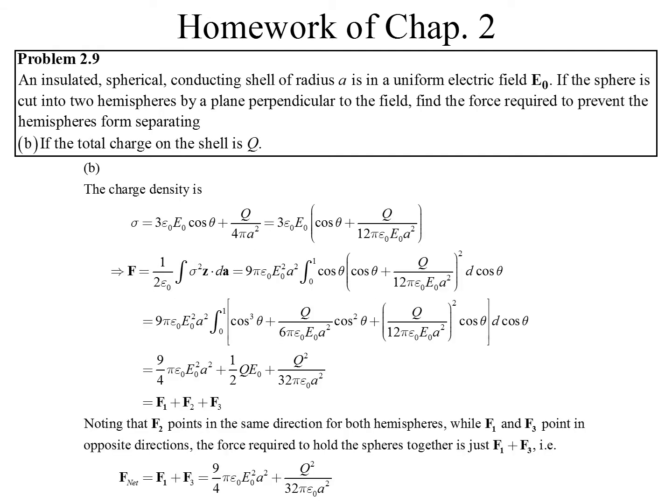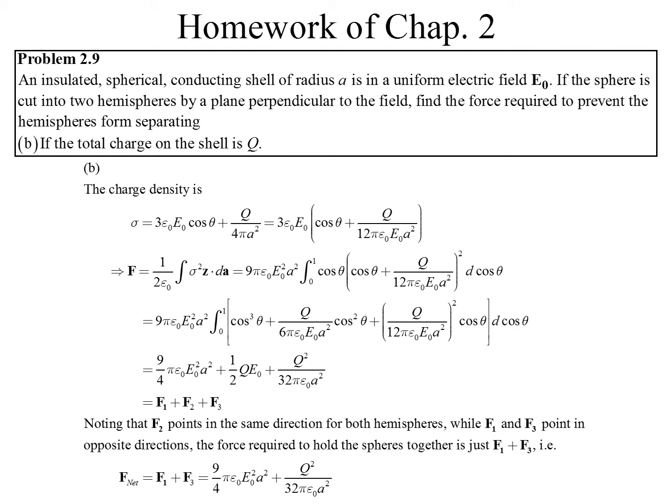Part B. If the total charge on the shell is Q, now the charge density is different. The total charge Q is uniformly spread on the shell. So here we have a new term, Q/4 pi a squared, and we follow the same calculation steps.